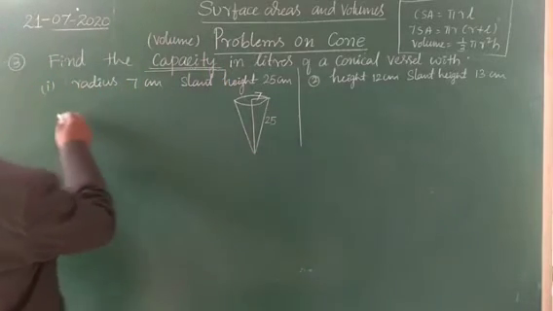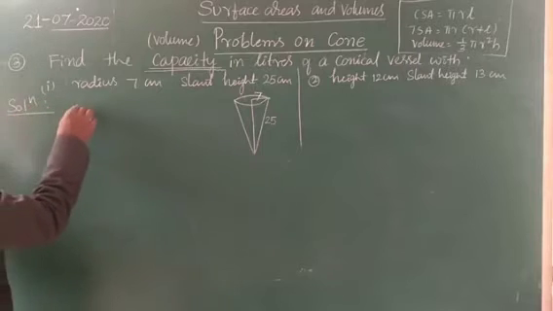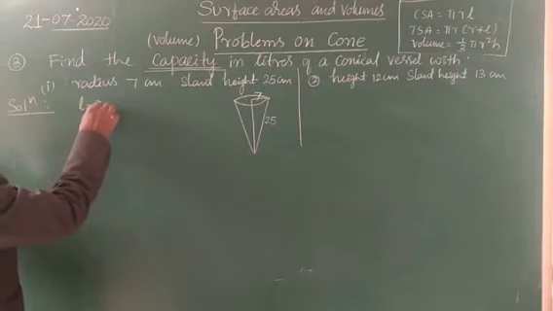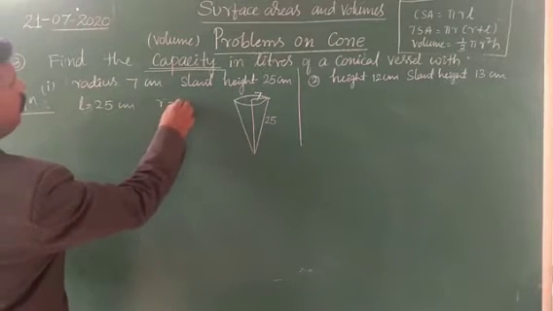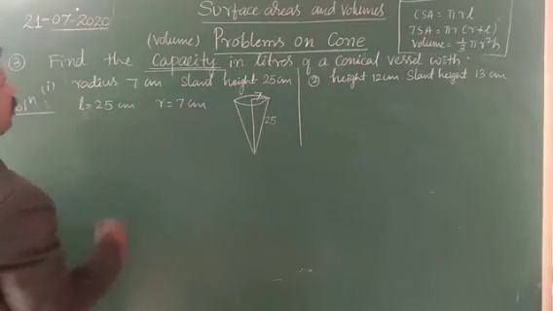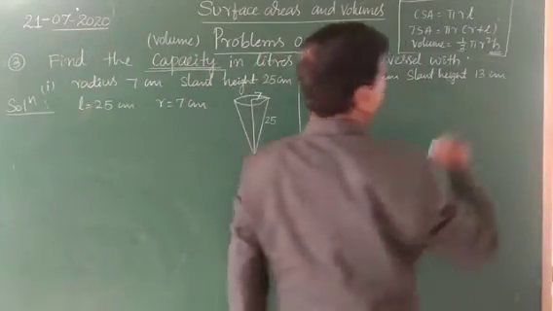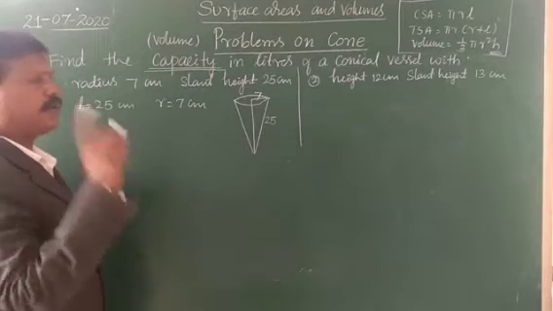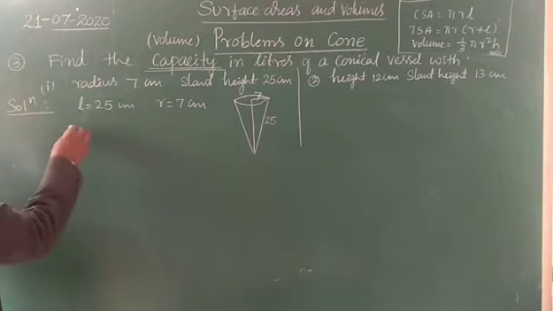Solution. L is given 25 centimeter and radius r is 7 centimeter. But in the formula we require the height, that is not given. So our work is to first find out the h.